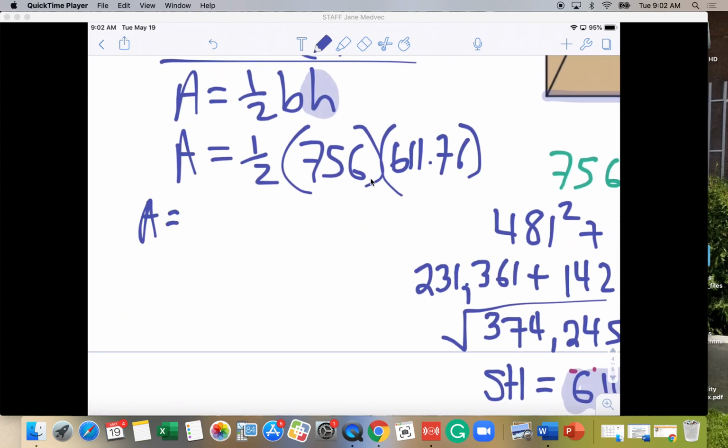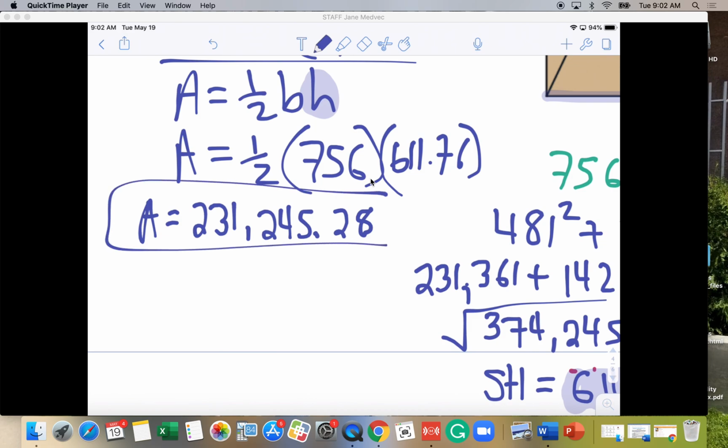Area equals 231,245.28. That is one of the sides.